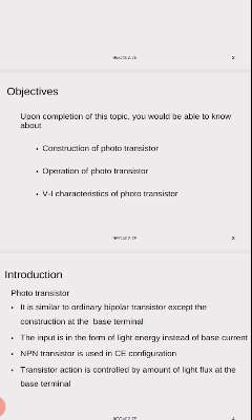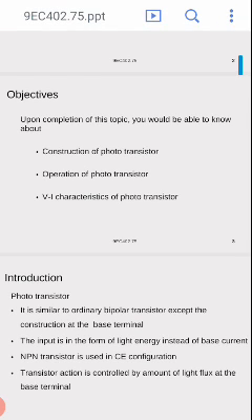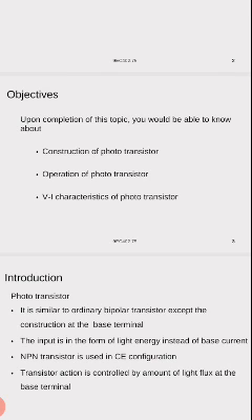An NPN transistor is used in CE configuration. Transistor action is controlled by the amount of light flux at the base terminal.